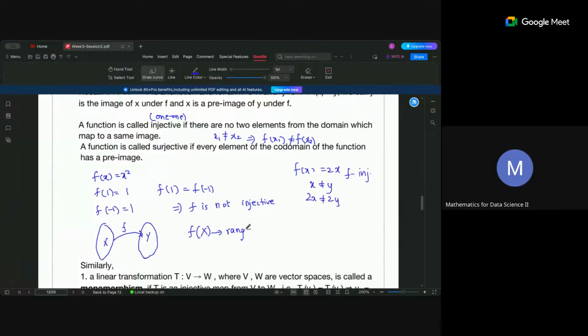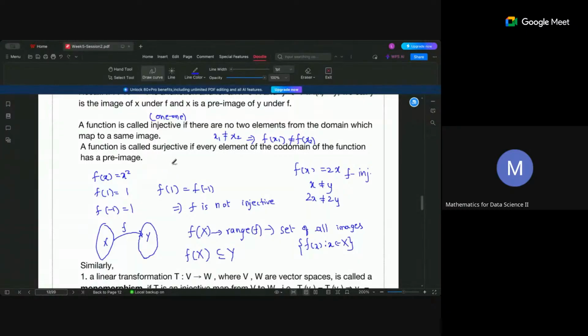The range of f is the set of all images, so the set of all f of x, x in X. This is your range. You always know that your range is a subset of the codomain.